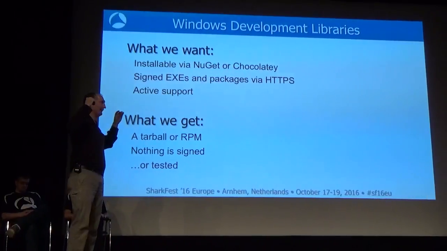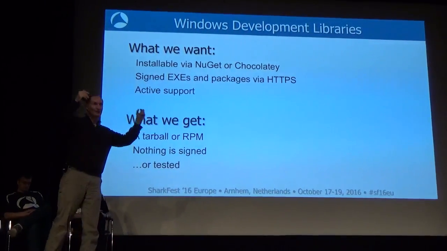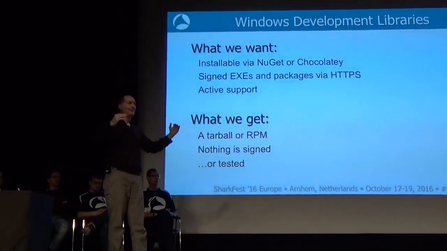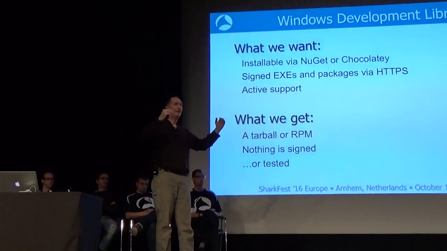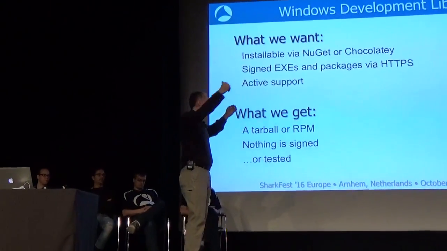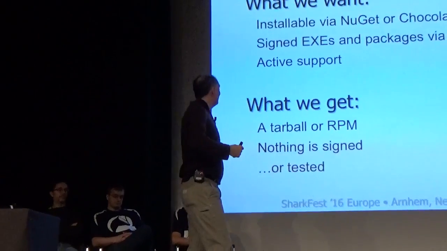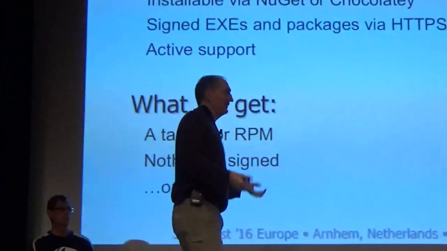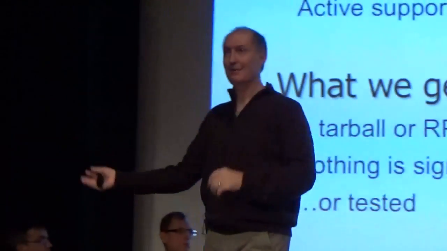If you build on a Fedora or an OpenSUSE system, you get RPM packages, which is not useful at all on Windows. And you get all these EXEs. Windows really wants you to sign your EXEs, and none of them are signed. And it's kind of a mess.